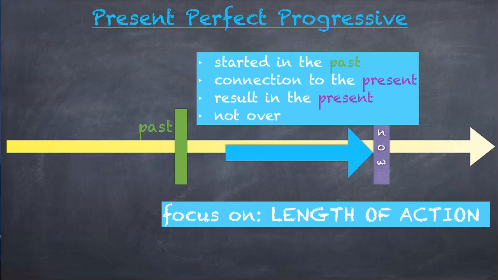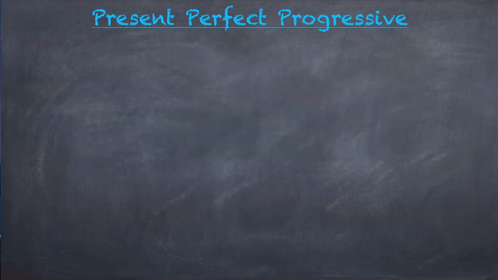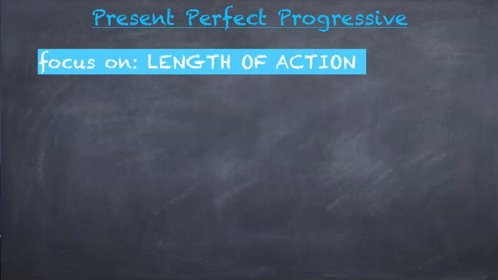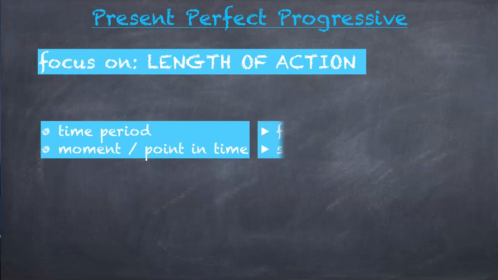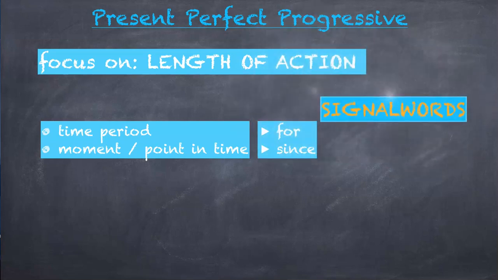How to explain that? When we focus on the length of the action, you have either a specific time period or a specific moment or point in time where or when the action started. That's why you have for or since, which are the most used signal words for the present perfect progressive.